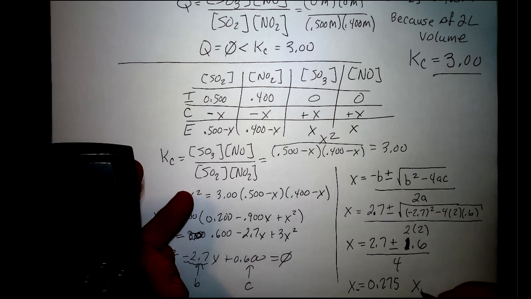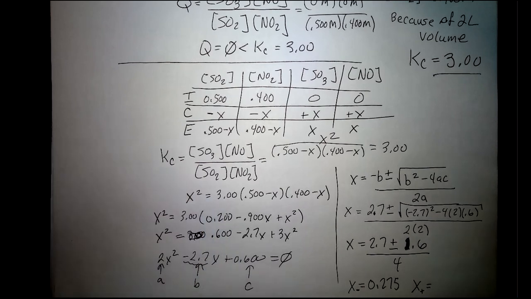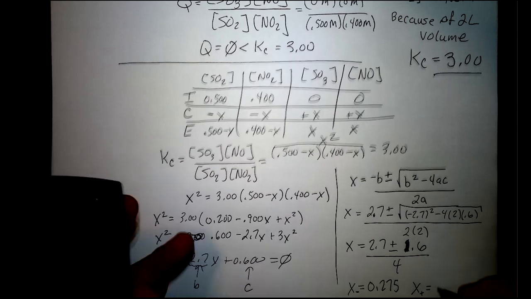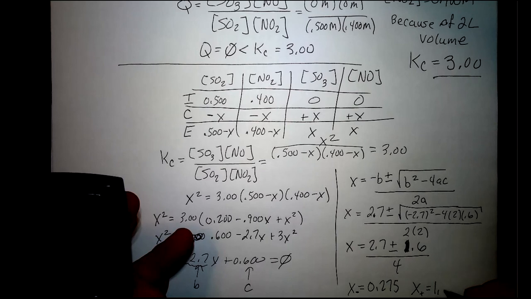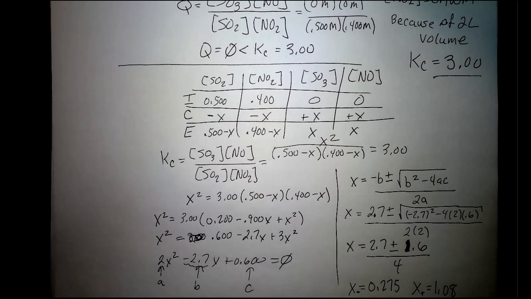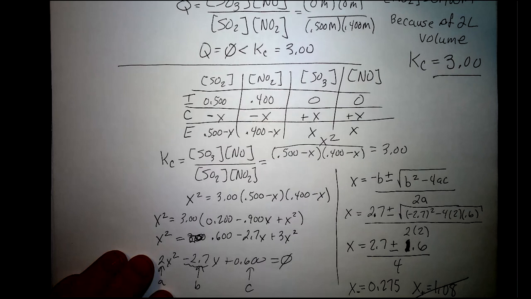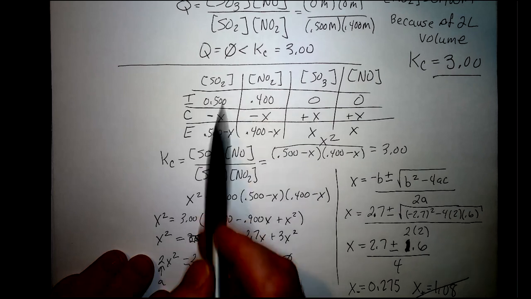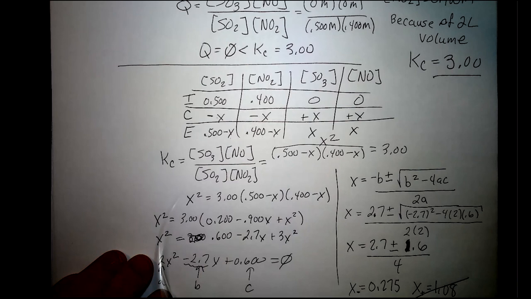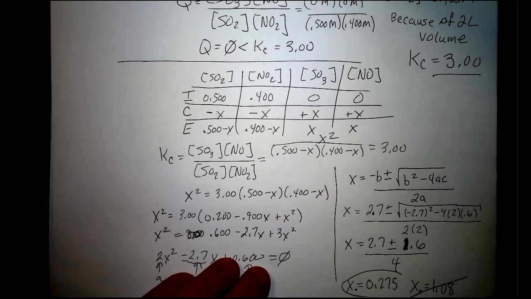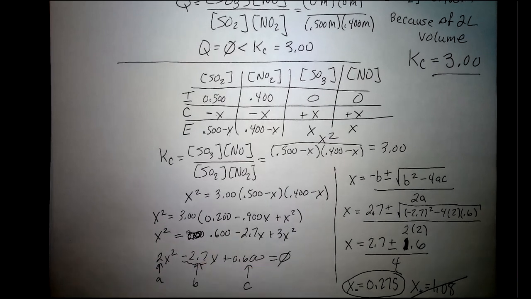And what about x in the plus case? 2.7 plus 1.6 divided by 4 is 1.08, we'll say. One of those answers makes sense, one of them doesn't. We're going to pitch that one because concentrations have to be positive. So 0.5 minus x and 0.4 minus x have to be positive numbers.